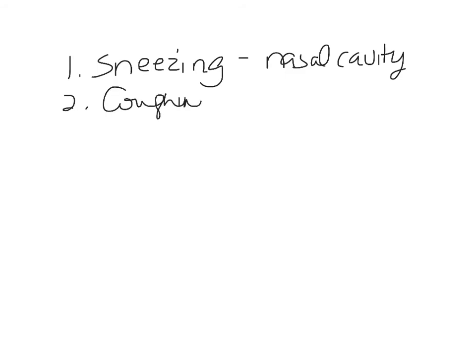It's triggered by irritation in the nasal cavity. We have coughing. Coughing is going to occur when you have irritation in the larynx, the trachea, and the bronchi, so a little bit lower.